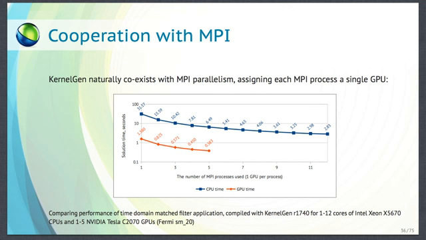And additional resource of parallelism is added by KernelGen compiler into each MPI node. We are not making any changes to code. Only CUDA visible devices environmental variable setting for every MPI node in order to specify appropriate GPU for each MPI node.